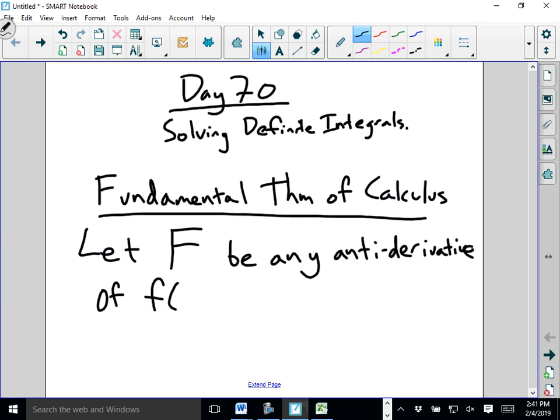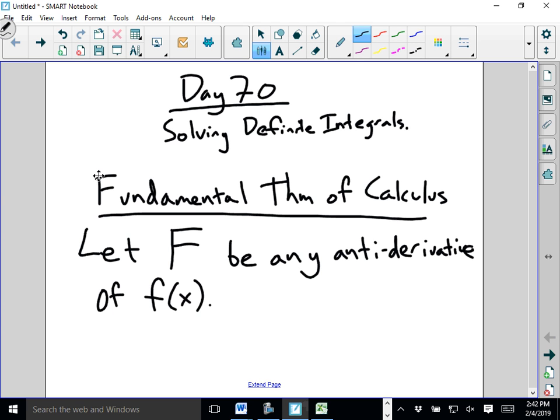Okay, so the first thing that we have to be careful with here is we're using f twice. For derivatives, we talk about f and f prime. For antiderivatives, we talk about capital F and lowercase f. So the fundamental theorem of calculus says, let capital F be any antiderivative of f of x.